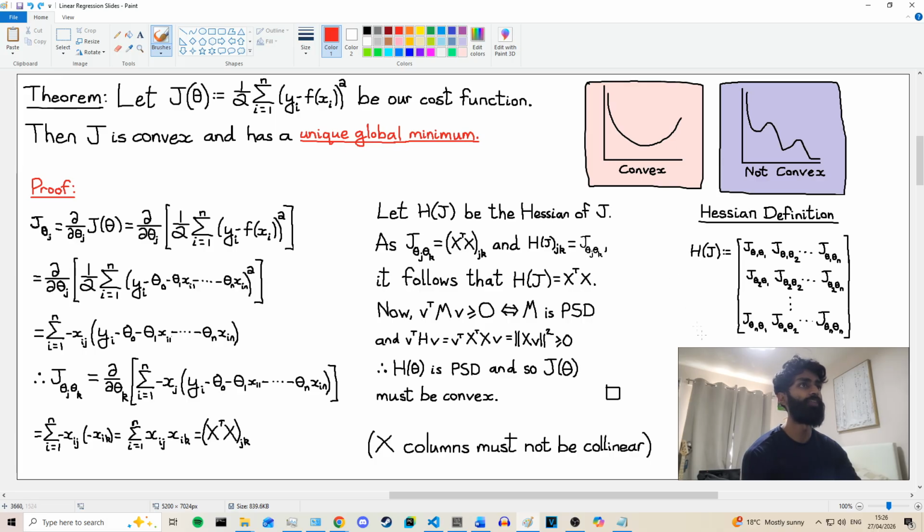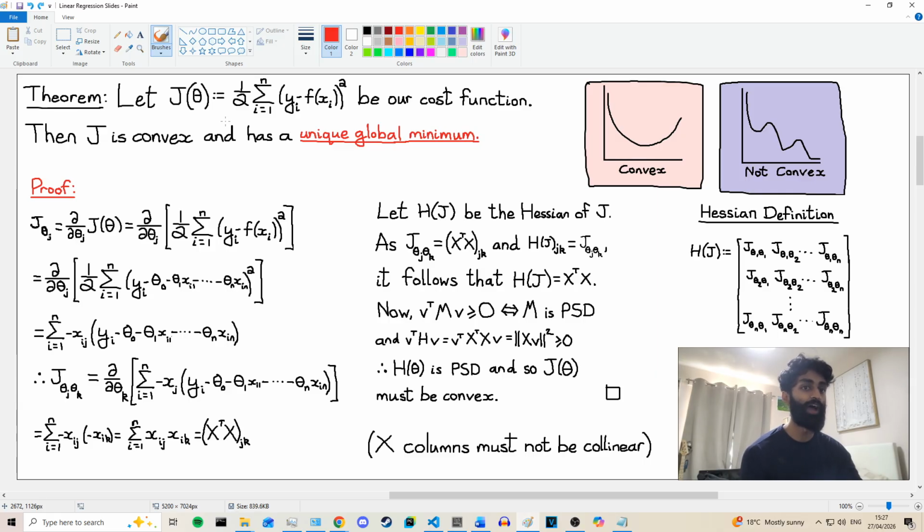This is a mathematical formulation of the sum of squared errors: the difference between the true observed value and our proposed value from our approximated relationship. This is the error. It's just how far the value was from what we guessed. We square it first, and then once we've squared each individual error, we sum over our n data points. I've halved it here just to make the maths a bit neater. This constant at the beginning doesn't actually change anything.